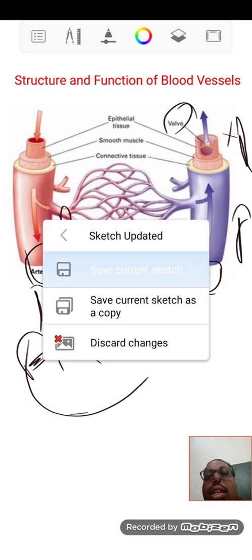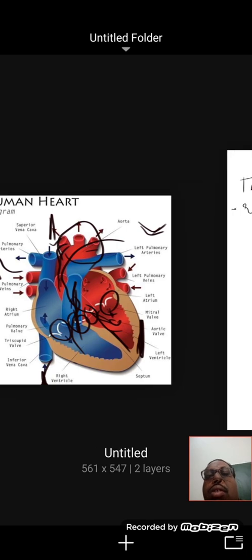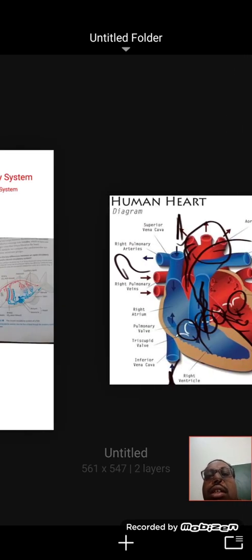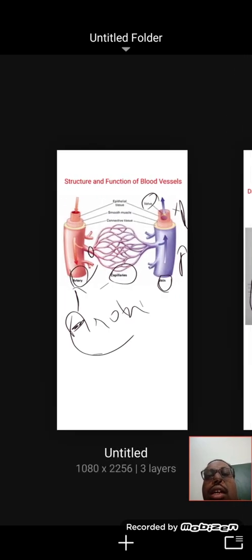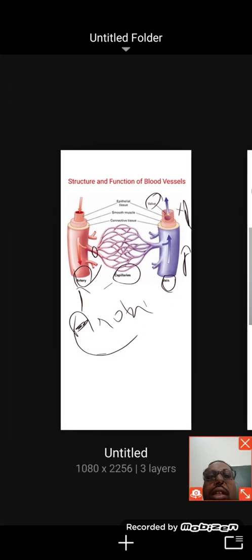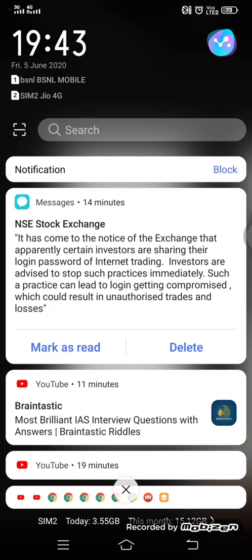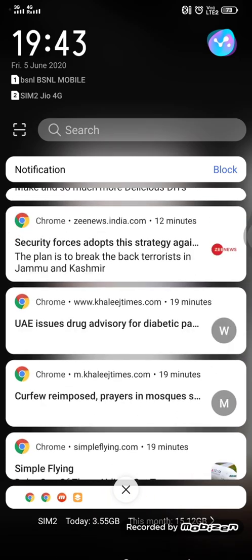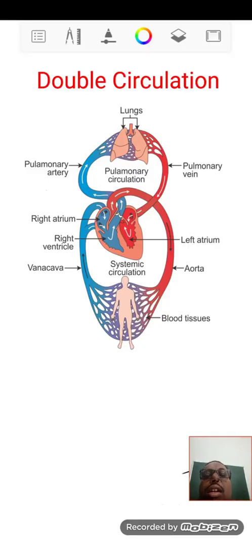Another major important thing that takes place in our body is known as double circulation. Double circulation means in our body the circulation takes place twice. Let's talk about the double circulation and its importance. What do you mean by double circulation?